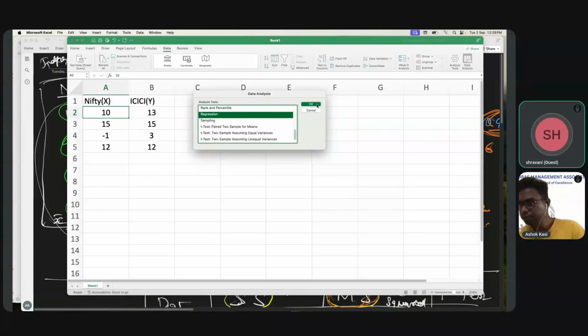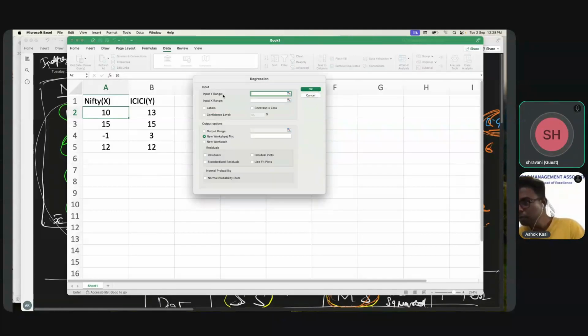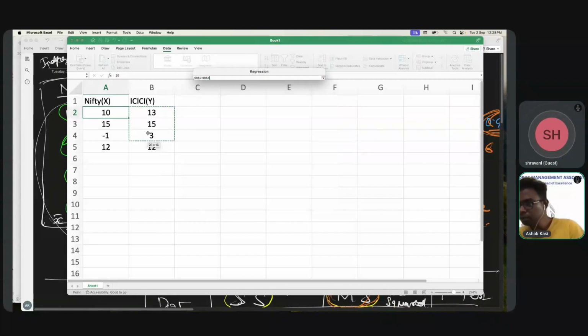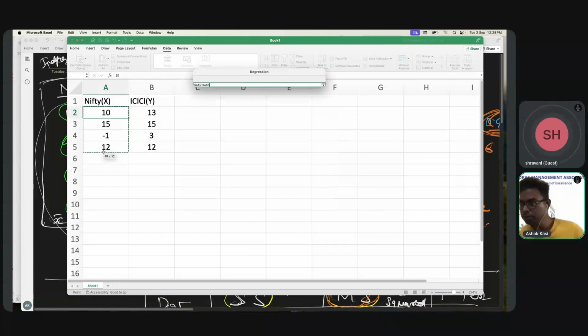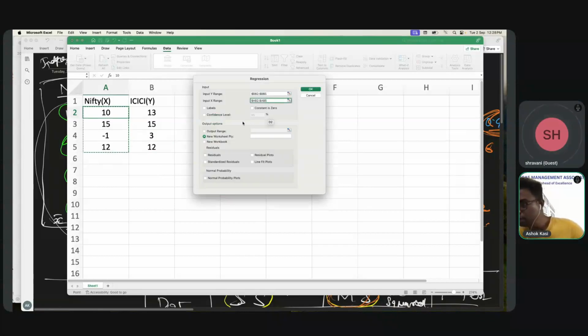Y range: Y is this part, right? And X is this range. Then the 95% confidence interval it will automatically take. If I want to change, I can change, but let it be 95% only.